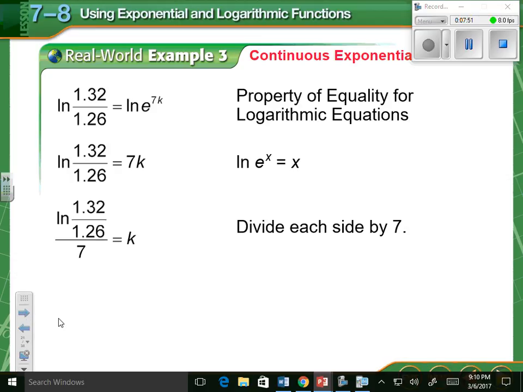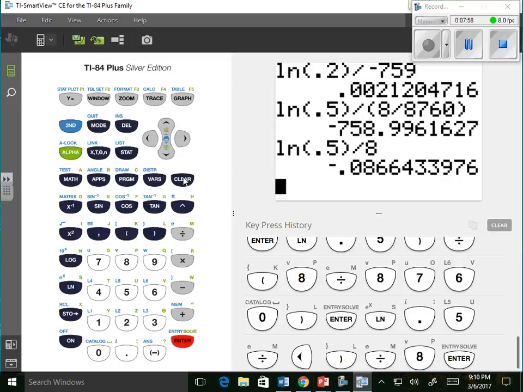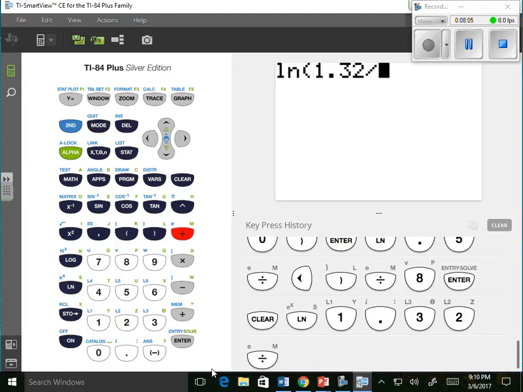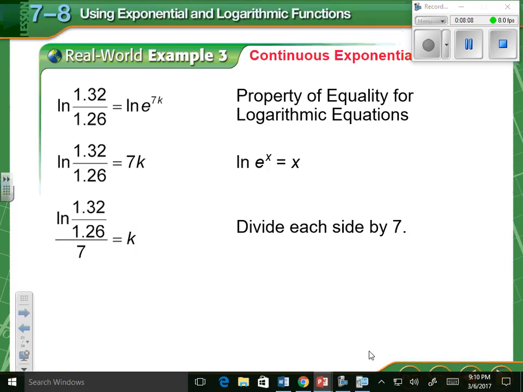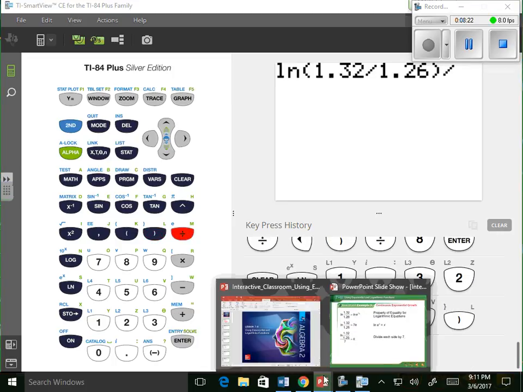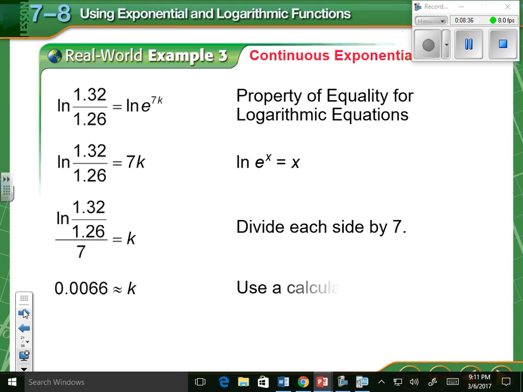Plug all that in your calculator: natural log of 1.32 divided by 1.26, and then all of that divided by 7. We get 0.0066. That's our constant.